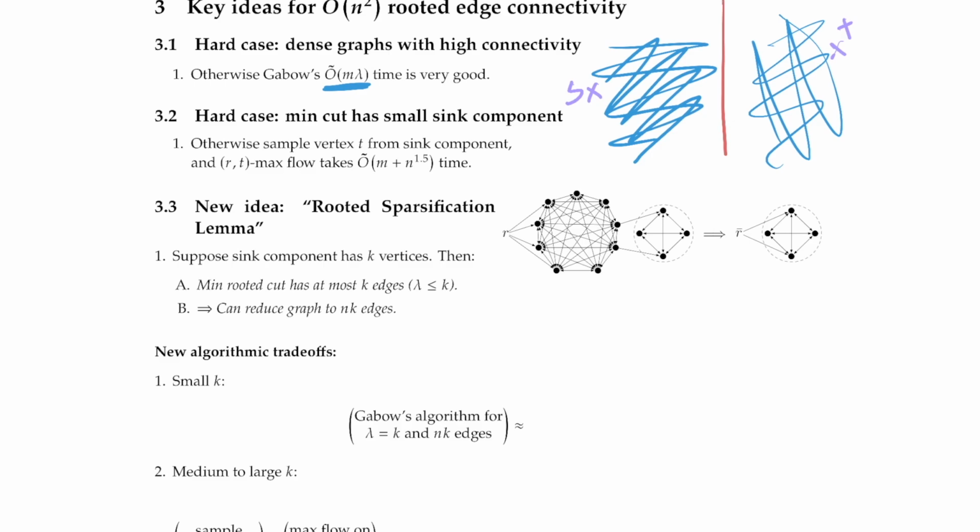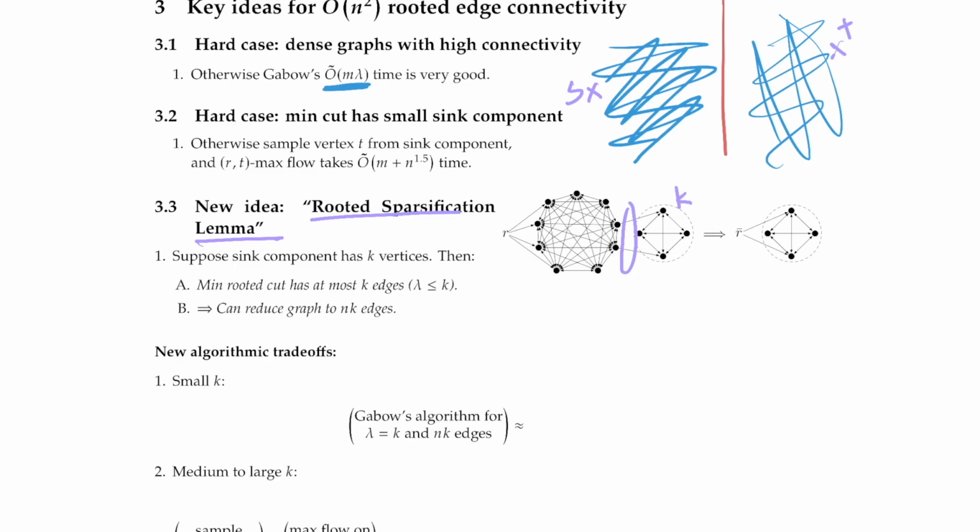And so the main new idea is what we call the rooted sparsification lemma. Okay, and it says the following. Suppose the sink component has k vertices. So in this picture, that's 4. Then we showed that the minimum cut has at most k edges.